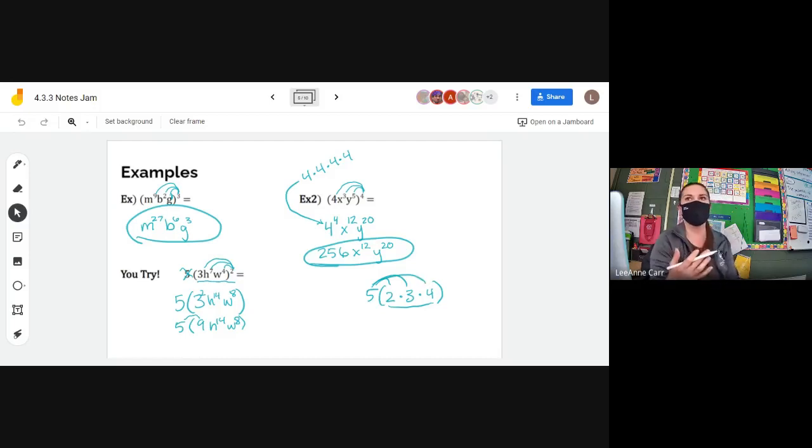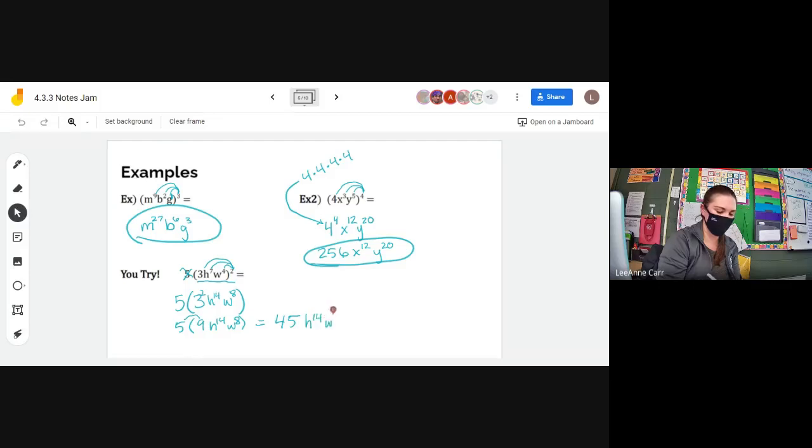Then you're going to get a way bigger value than just multiplying the 5 one time. Okay, so you don't want to overdo it with that last little bit. So at the very end, we'd be left with 45 h to the 14th, w to the 8th. How we feeling, people?